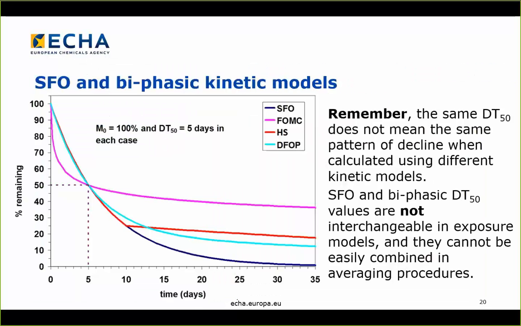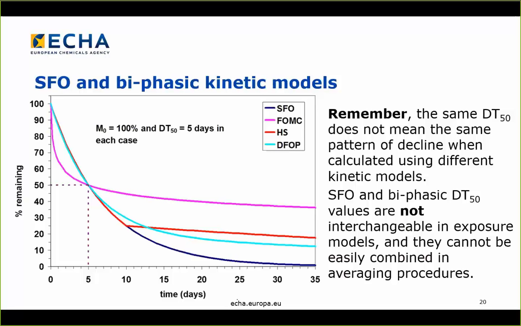So that was the four mathematical models, the main models that FOCUS recommends. On this graphic, we have those four models, single first order, FOMC, hockey stick, and DFOP, all on one graph.